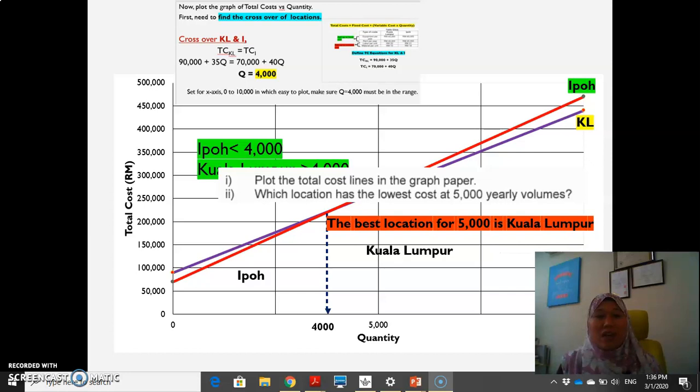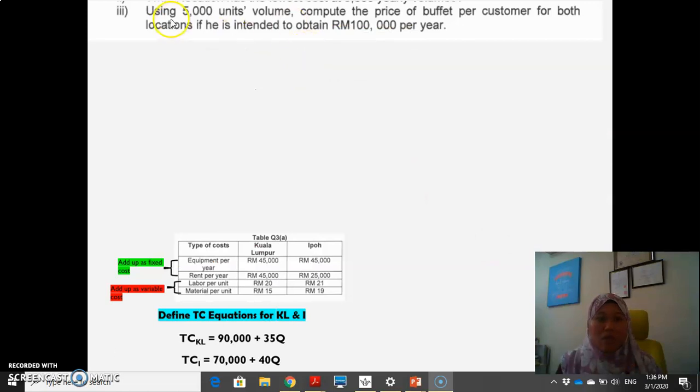Okay? All right. We look at the third part of this question. Using the 5,000 unit volume, compute the price. Now they're asking about price. When you see the word price, and then they say that he intended to obtain, that means that he wants to get profit, about 100,000 per year.